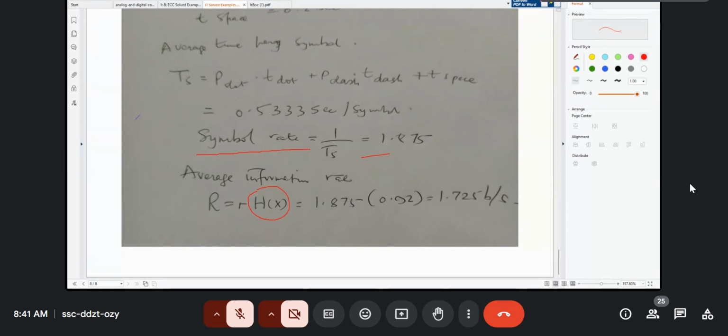We are talking about the information rate from the source. So the information rate is the symbol rate R multiplied by the marginal entropy, which is the source entropy.